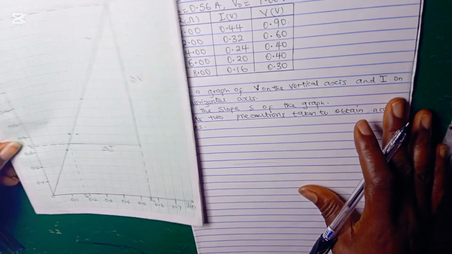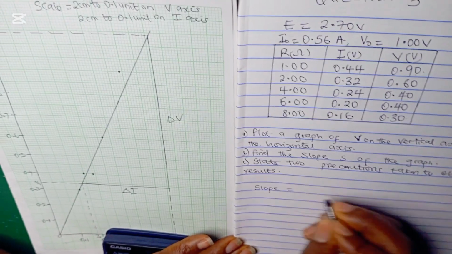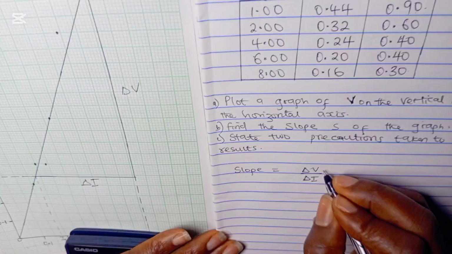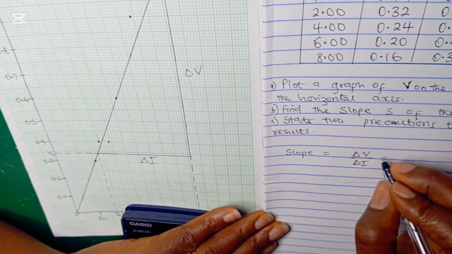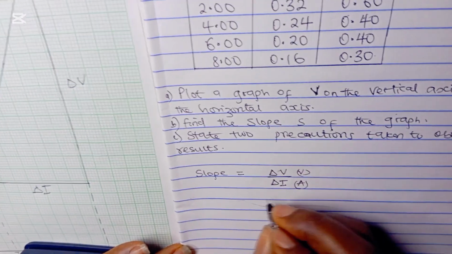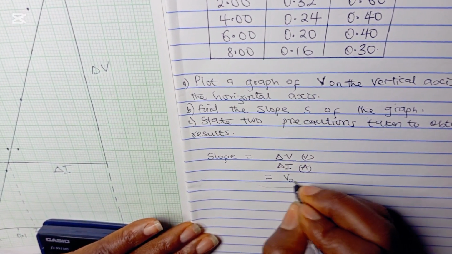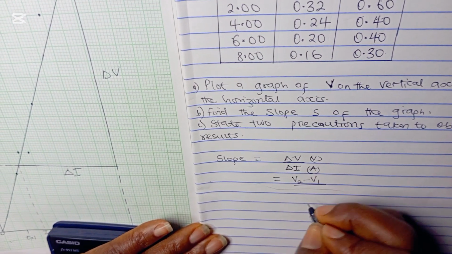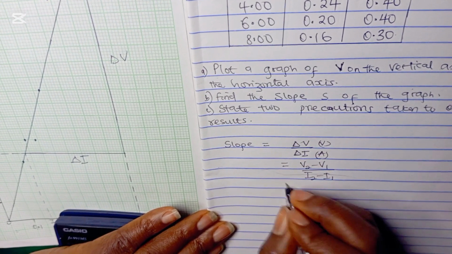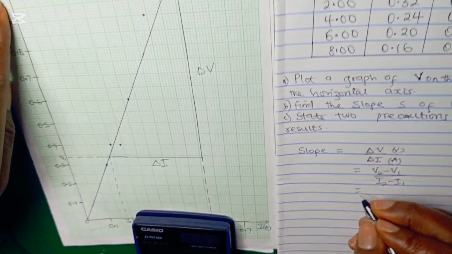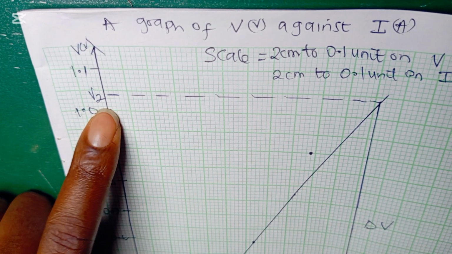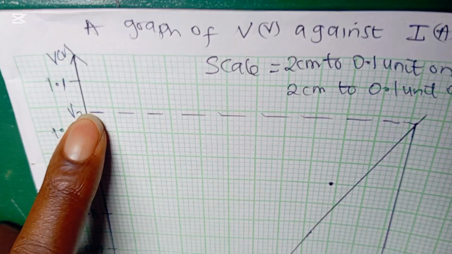So let us find the slope. The slope is equal to change in V over change in I. Note that V, which is potential difference, is measured in volts, while current is measured in amperes. So this is equal to V2 minus V1 divided by I2 minus I1, right? Now look at the values. We have 1.01, 1.02, 0.03, 0.04.